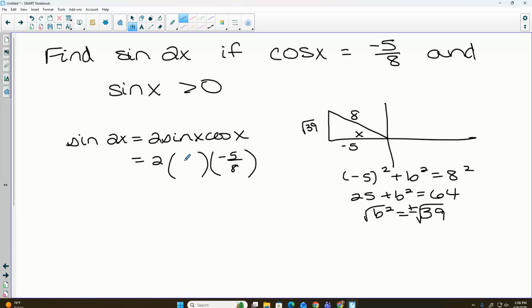So sine opposite over hypotenuse would just be radical 39 over 8. And so then we just multiply together. So multiply the tops, multiply the bottoms, and reduce. You should get negative 5 radical 39 over 32.